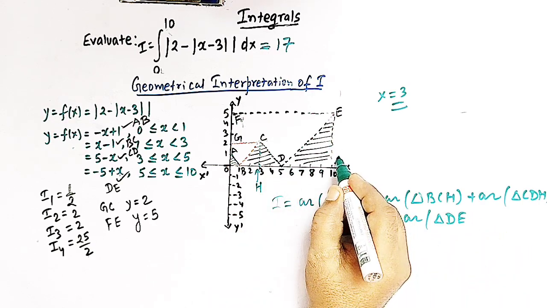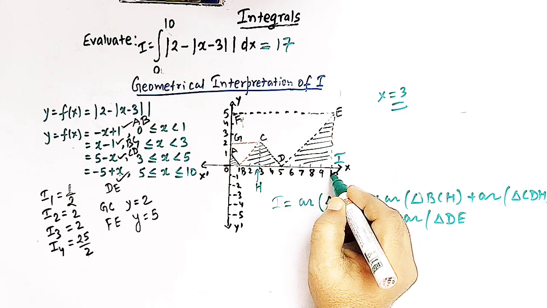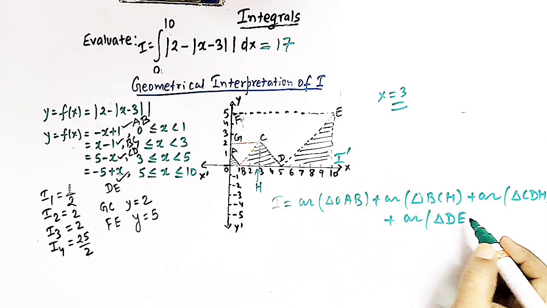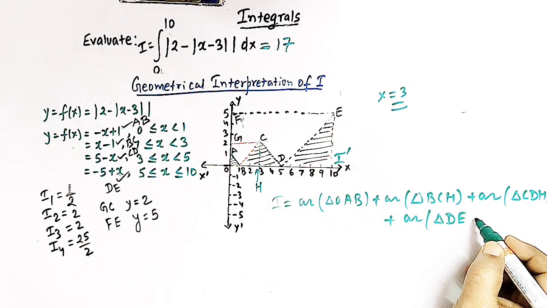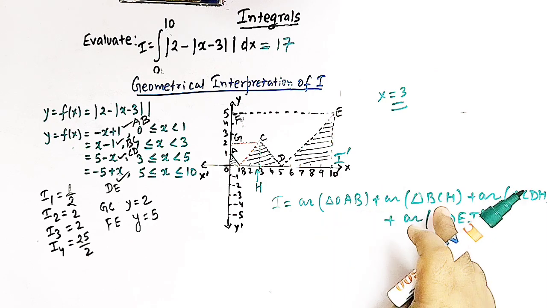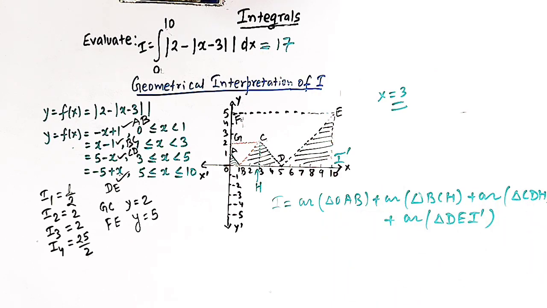We can here denote this point, that is 10, as I prime. So we have DE I prime, right? So the integral I is now the sum of the areas of these four triangles.